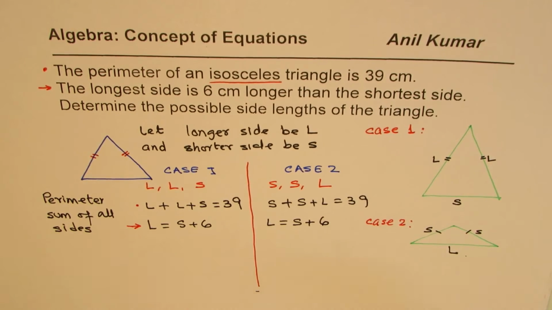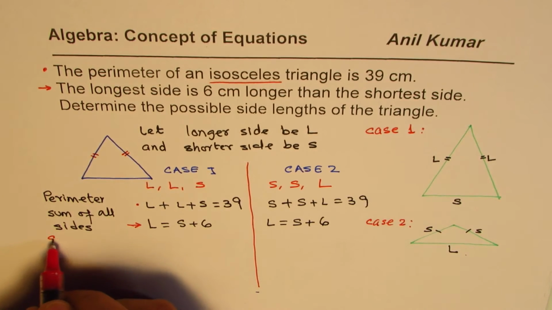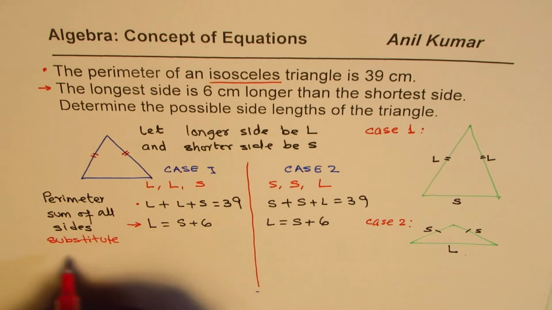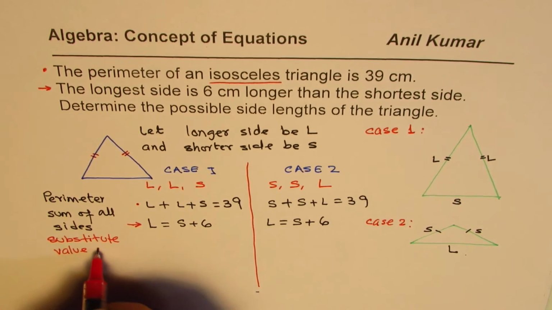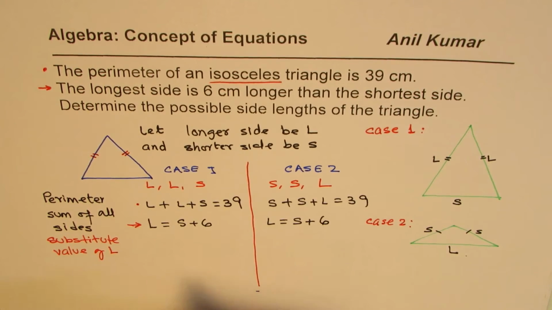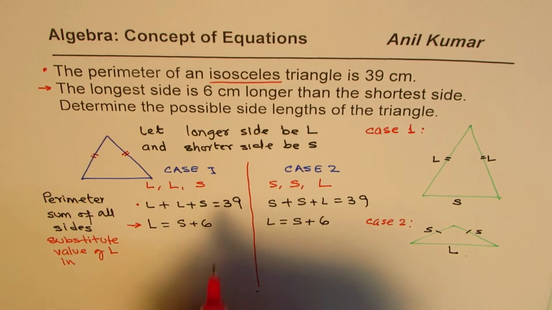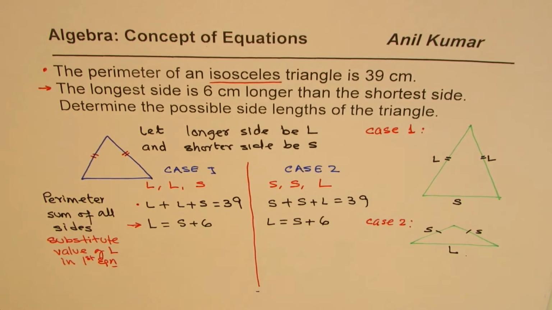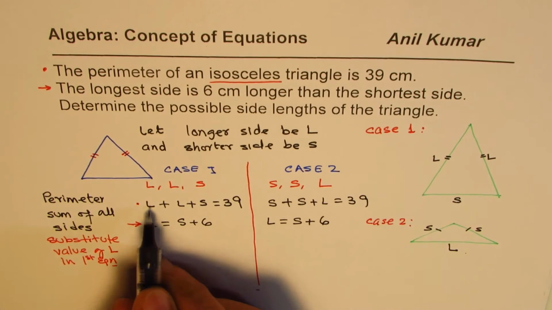So what we will do now is we'll substitute the value of L in the first equation. Is that okay? So L is S plus 6. Let me write down here.